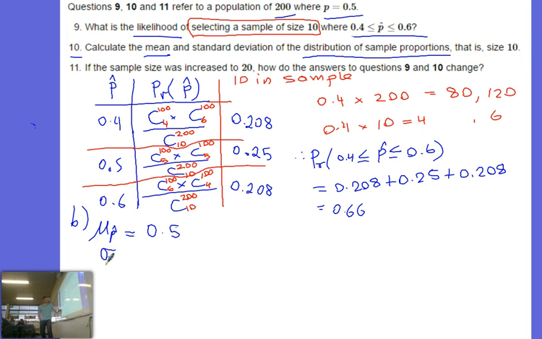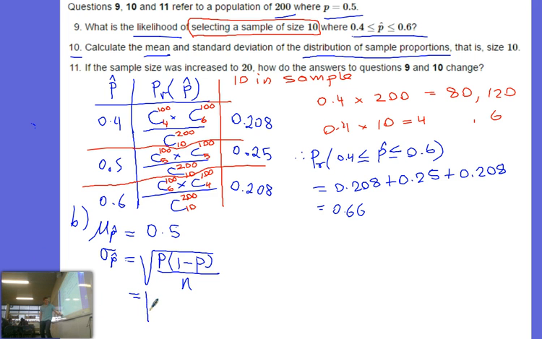Okay, and then the standard deviation of the sample proportions must be, now what's the rule? Who remembers? Square root of P(1 minus P) on n. Very good.